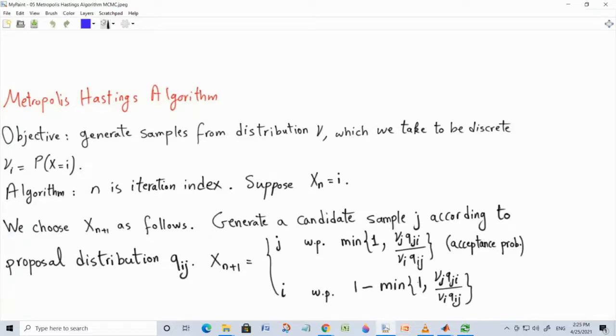The nice thing about discrete distributions is that even in the multivariate case, you can make an assignment.